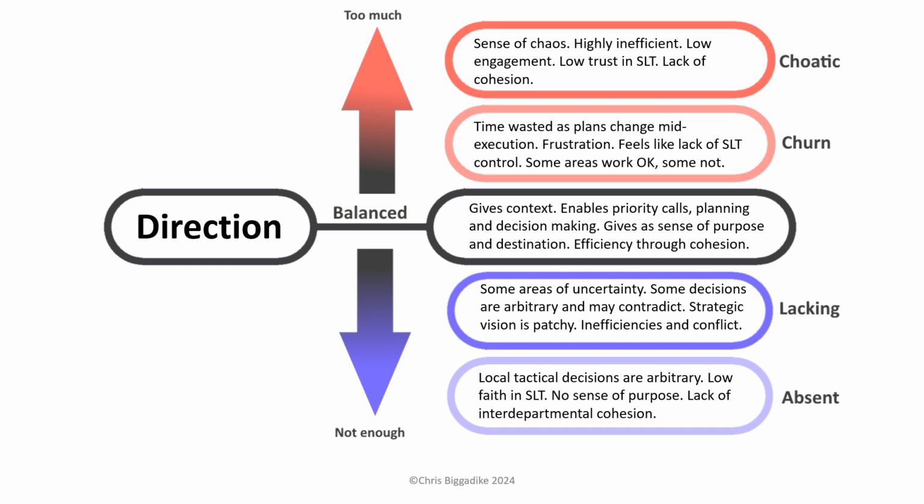And a complete lack of direction means local decisions are arbitrary because there's no longer a context to inform those decisions. Again, low faith in the senior leadership team. Their primary purpose is direction, and there is no direction. So there's no sense of purpose, and there's a lack of interdepartmental cohesion.